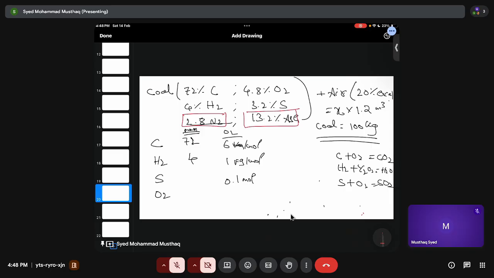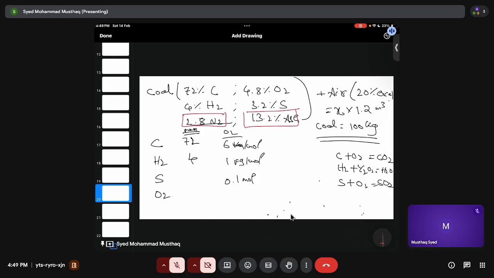Okay, so that will be 6 plus 1 plus 1. So this will be equal to 1 oxygen. How much oxygen is there?